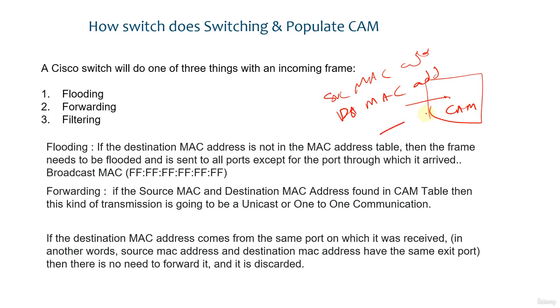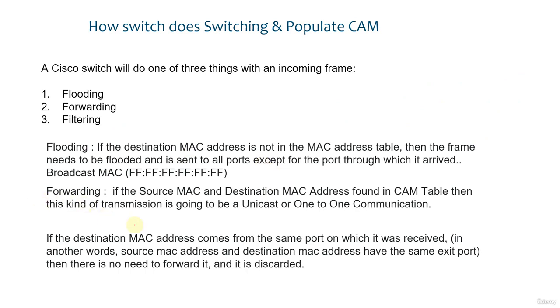So of course, if the source is coming and hitting the destination, the switch will go into this CAM table and find out, okay, the destination is connected on port number 3. So this information we send is called forwarding, and this is unicast. It is one-to-one because the switch is already aware of the source and destination MAC. But flooding is broadcast. So as you can see over here.